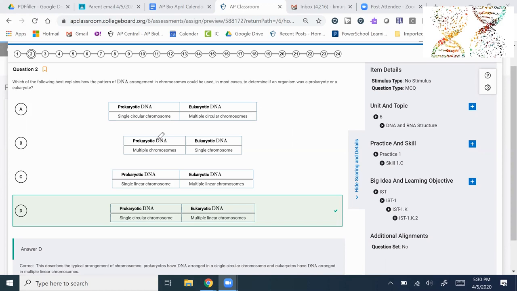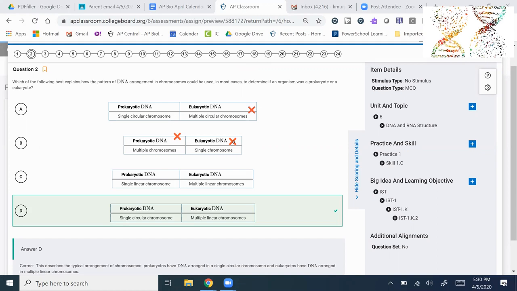So this one is just checking to see if you know your difference between prokaryotic and eukaryotic DNA. So if we look at A, single circle chromosome, that is correct. Multiple circular chromosomes, that is not right. B, prokaryotic DNA, multiple chromosomes, that's wrong. Eukaryotic DNA, single chromosomes, that's wrong.